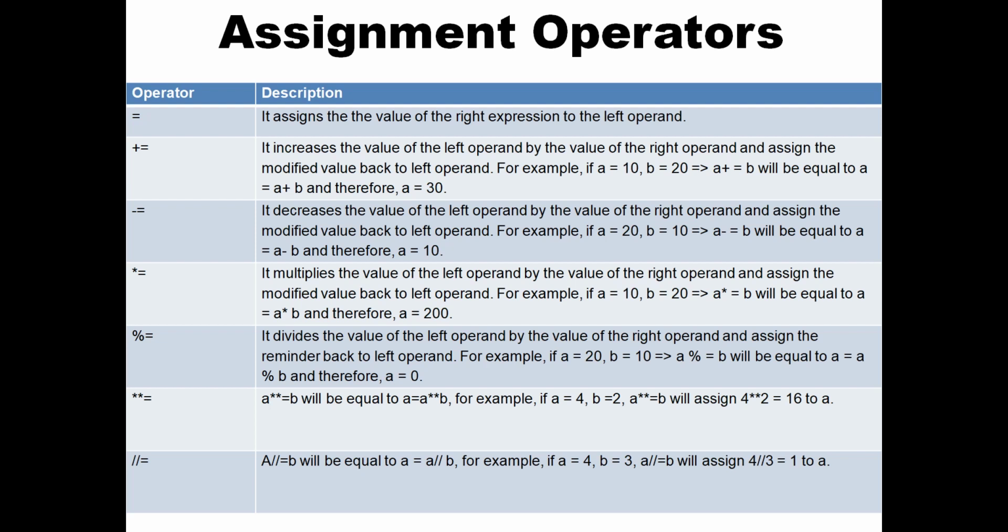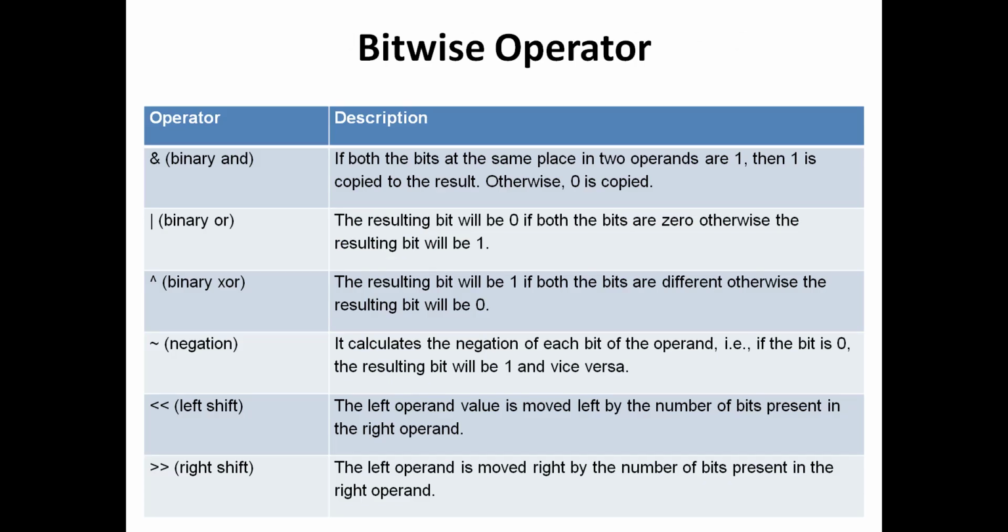For example, if a is equal to 10, b is equal to 20, a star equal to b will be equal to a star b, and therefore a is equal to 200. We got it. So a into b, there will be 200, something like this. And we have star star equal to as well.